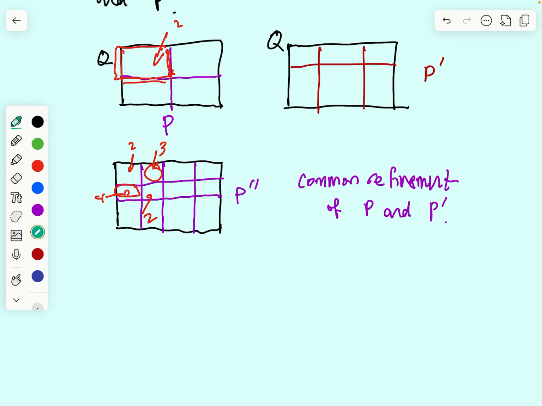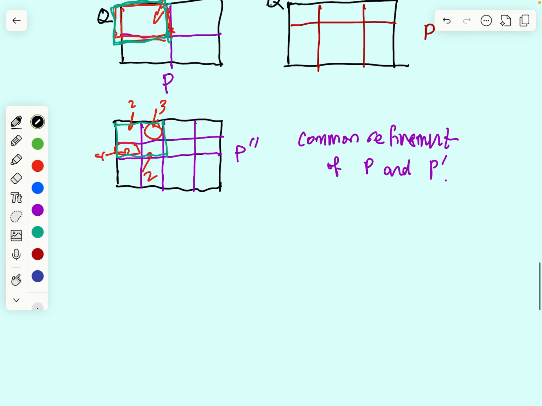But when you break this subrectangle into 4 smaller subrectangles and take the biggest values, those will be less than or equal to the biggest value in the entire subrectangle. So what happens when you pass to the common refinement is that the lower sum will increase and the upper sum will decrease. So let's just write that down. That's like a lemma.